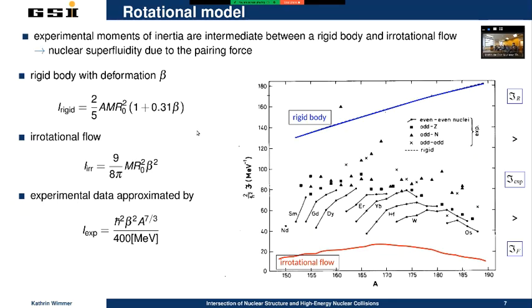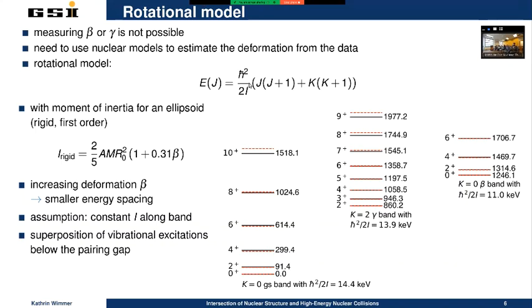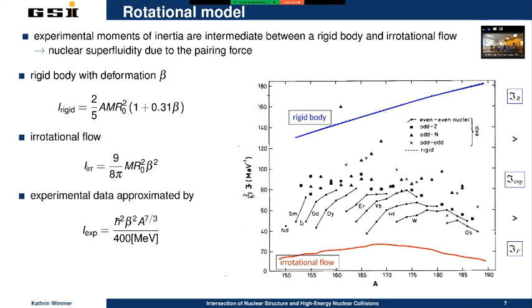So if one then looks at actual experimental moments of inertia, which can be extracted from the measured excitation spectrum, this is a plot where the experimental data is shown by all these symbols and the lines, and it's compared to extreme assumptions of a rigid body in blue, and then irrotational flow by this red line here.